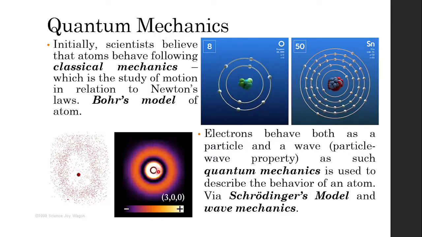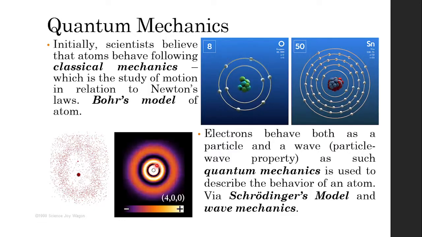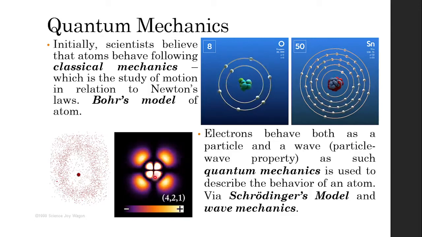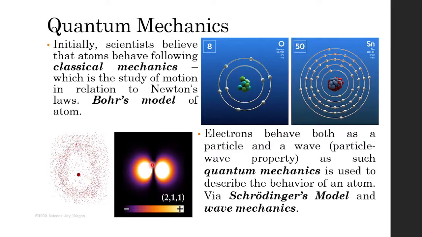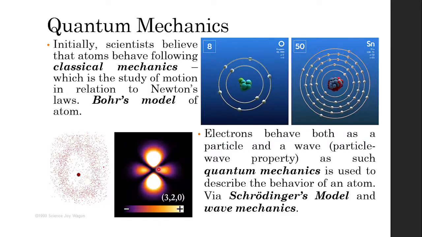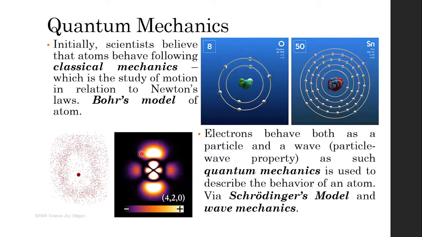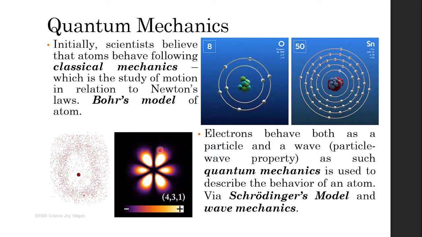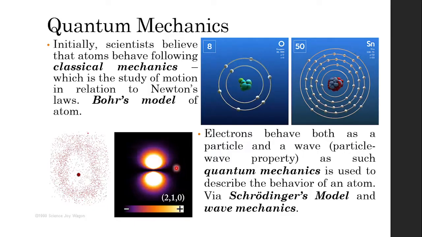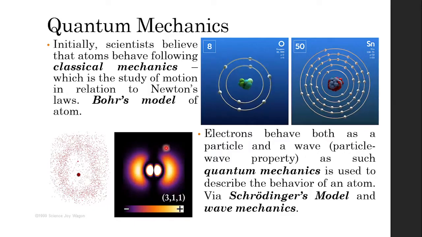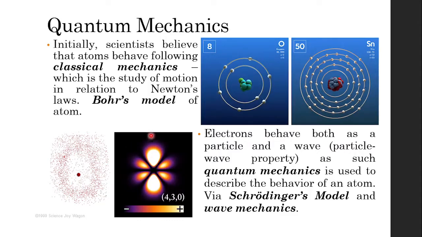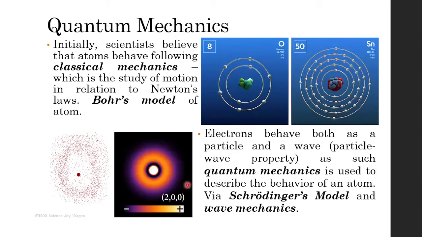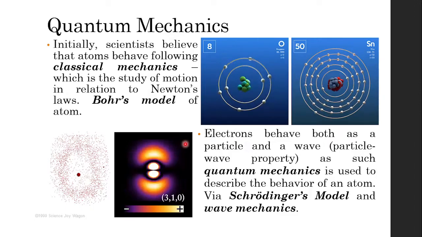So take this for example, those white areas right there are where you will find the electron most of the time. And the area that's a little darker, a little more orange and even purple, is less likely to have the electron. And the darker you go, for example right here, it's almost zero that you will find the electron there.